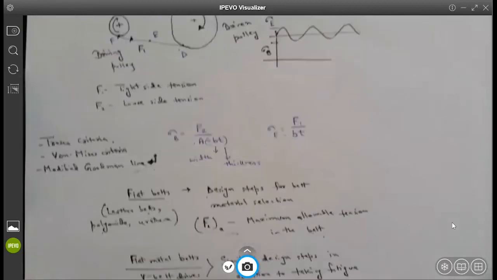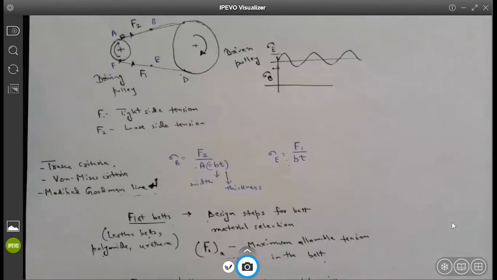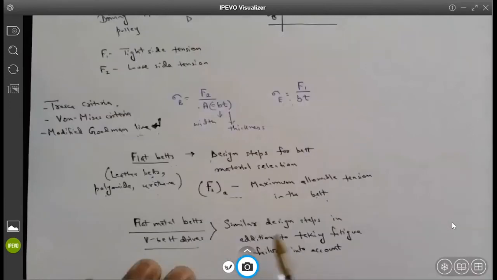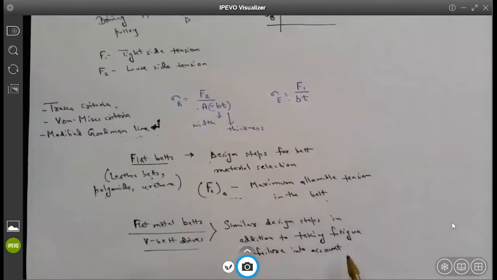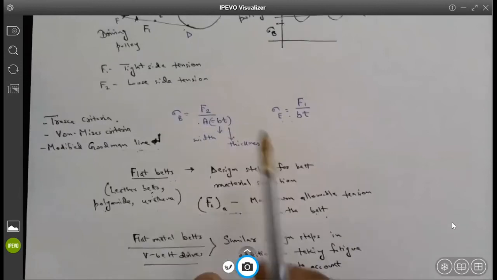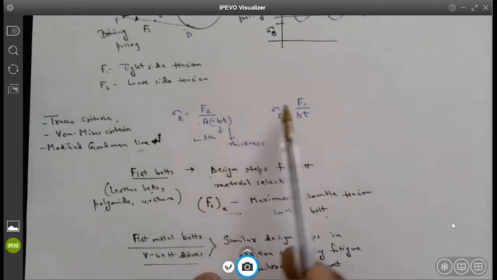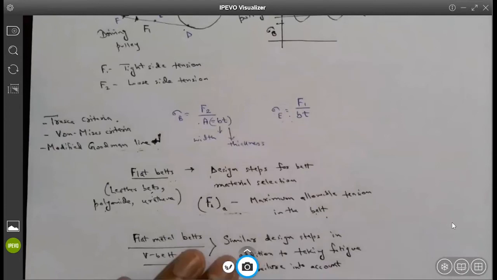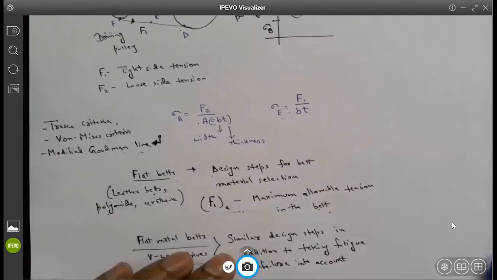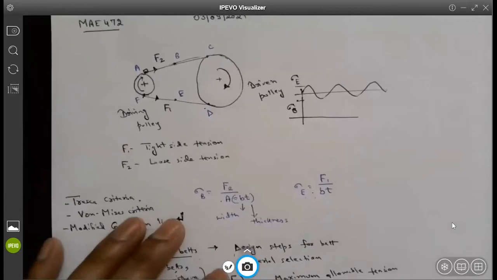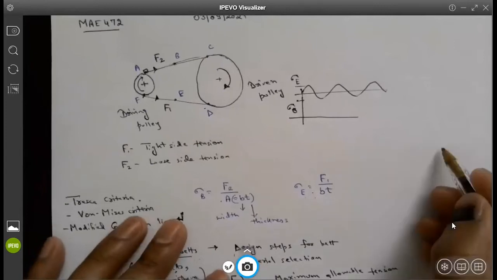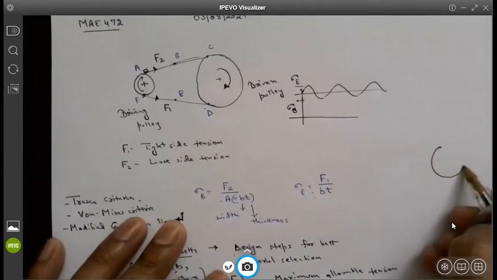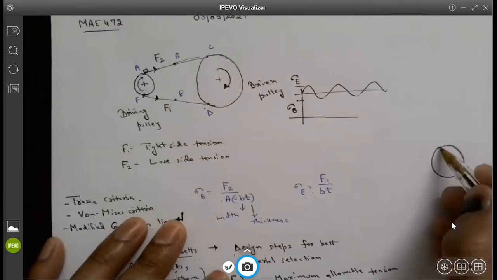part about this slide is that when we are working with this system, like metal belts and V-belt drives, and we are taking fatigue failure into account, we are basically working in terms of stresses. And when we talk in terms of stresses, there is an additional stress that comes into the material, and that stress is because of the bending of the material around the pulley.